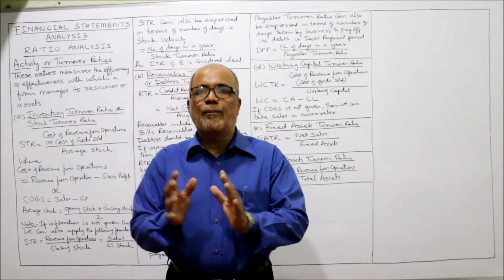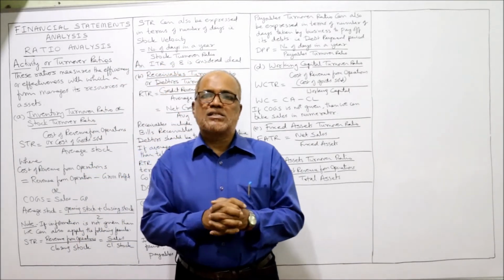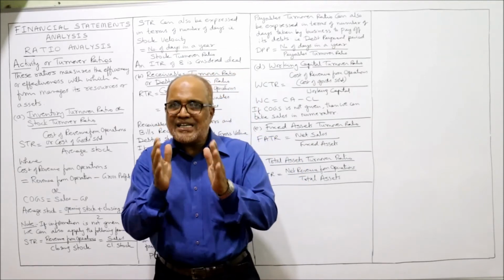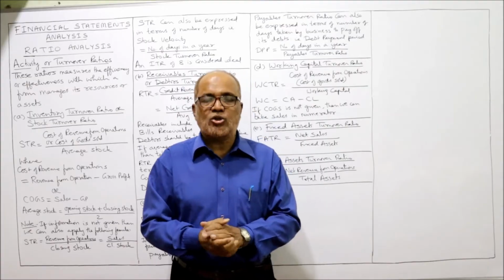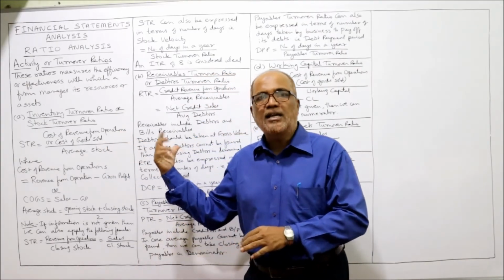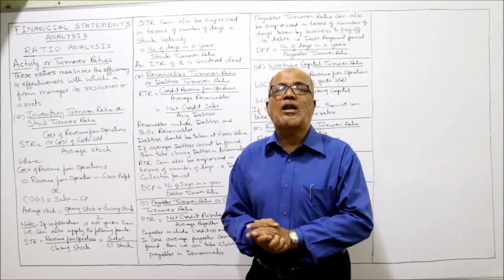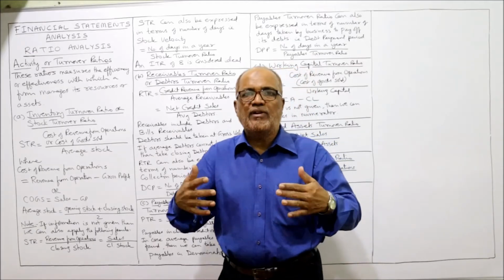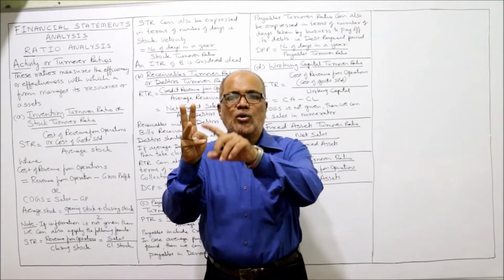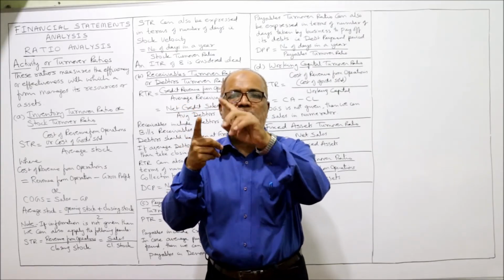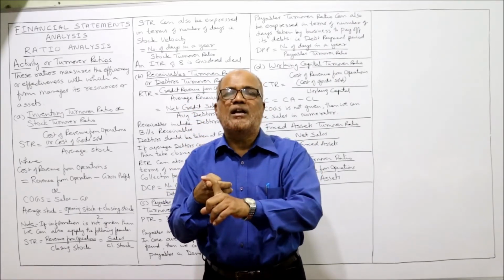So far I have completed 4 formulas in liquidity ratio, 6 formulas in leverage or capital structure ratio, and 6 formulas in activity or turnover ratios. Just briefly, we'll recap. The first 4 liquidity ratios: current ratio, quick ratio, absolute liquid ratio, and basic defensive interval ratio.